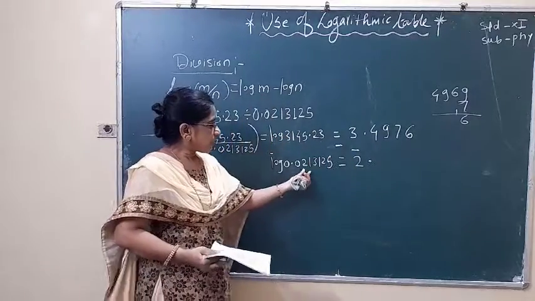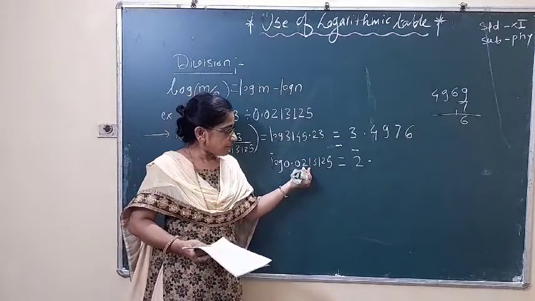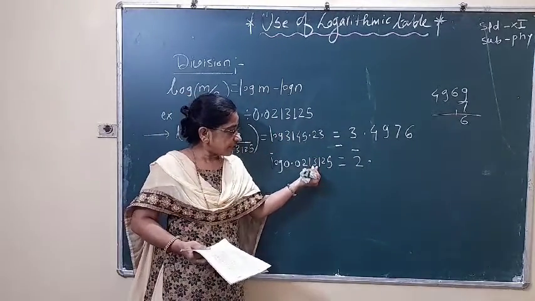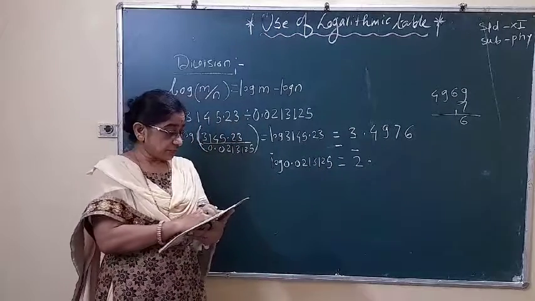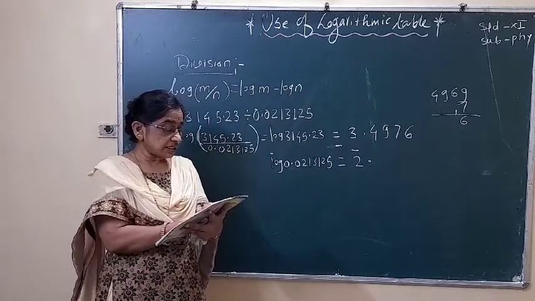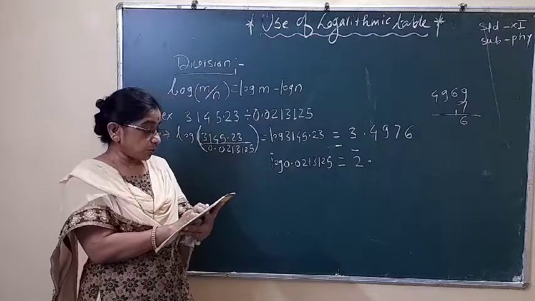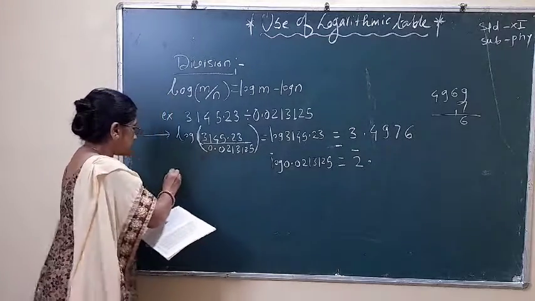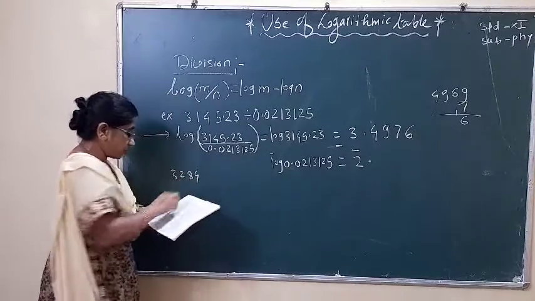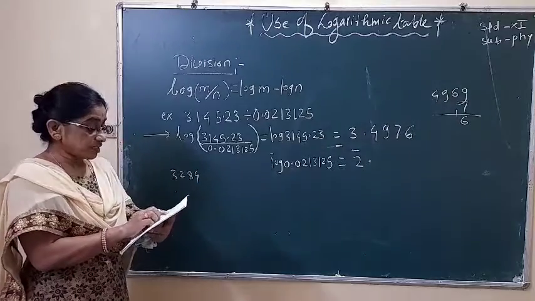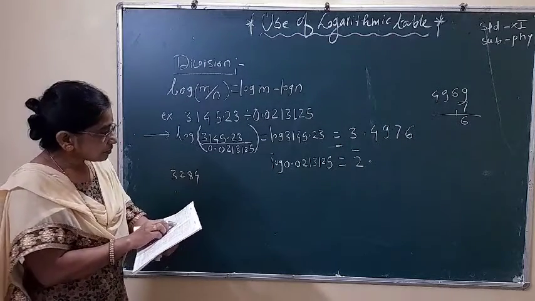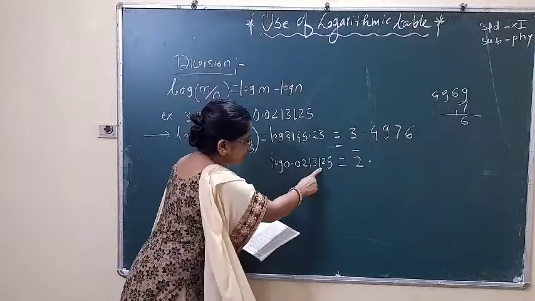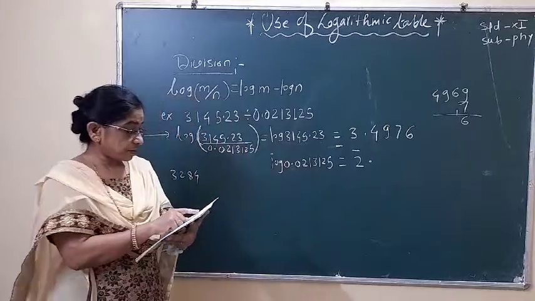Similarly, see the log of 21 in 3 and the mean difference in 1. 21 in 3 is 3284, and the mean difference of 21 in 1 is 2.